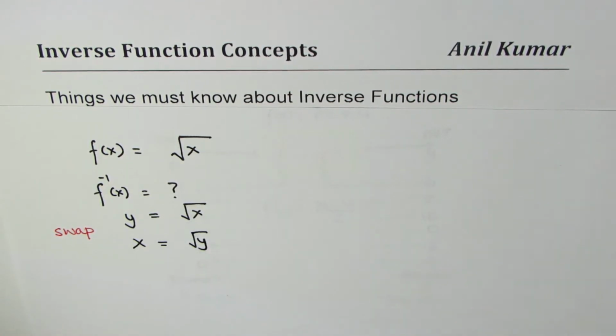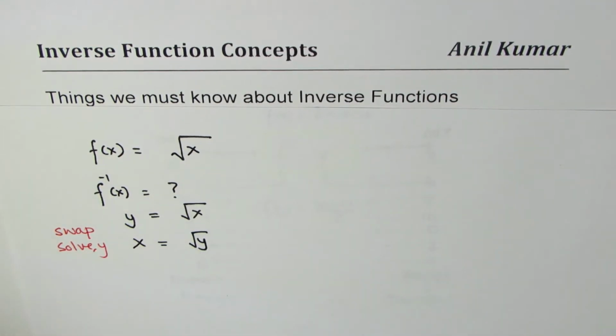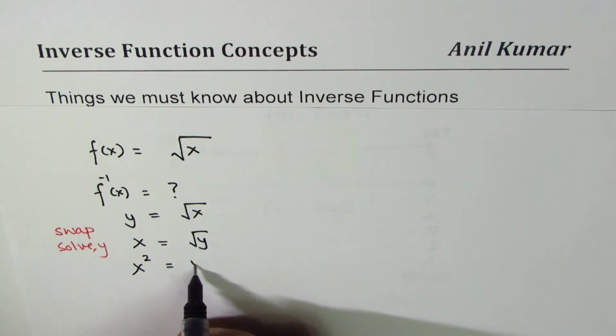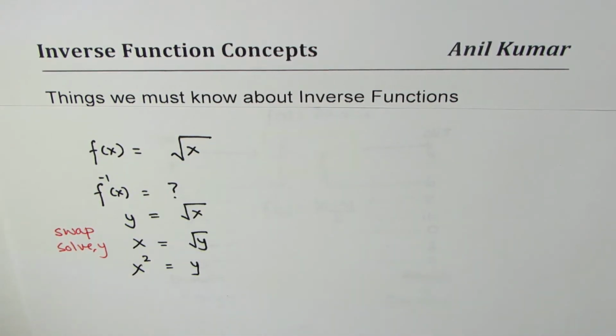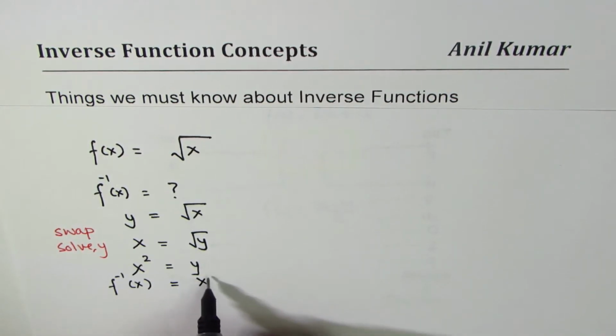Now we need to solve for y, right? You can square both sides. Once you square, you get x squared equals y. And then you can write f inverse of x is equal to x squared. Correct? So that is what you get.